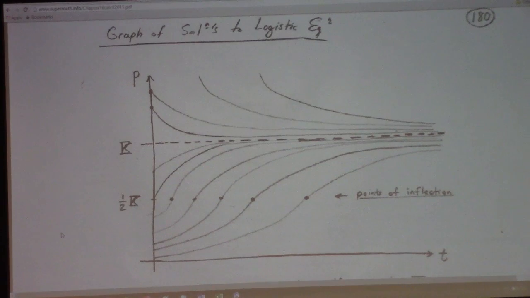And so the solutions look something like this. This is a graph of solutions. If you're above the carrying capacity, they decrease. If you're below, they increase. There are points of inflection at half the carrying capacity. It changes from concave down to concave up. Now, how do you actually find those solutions?